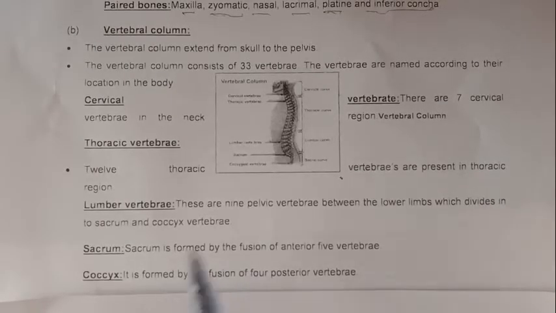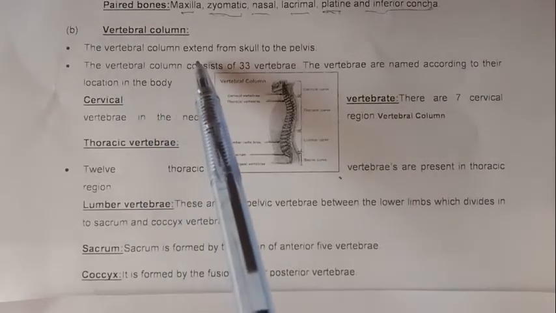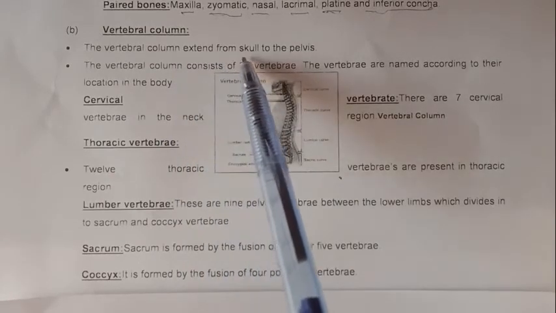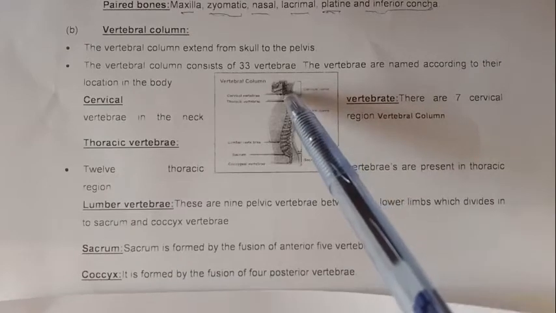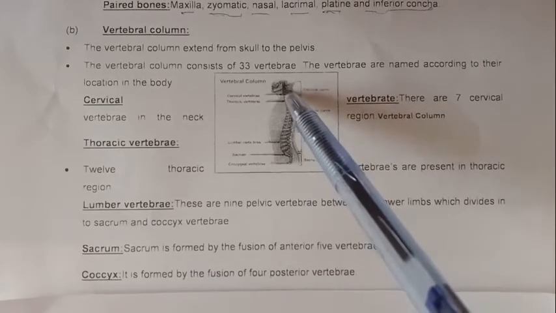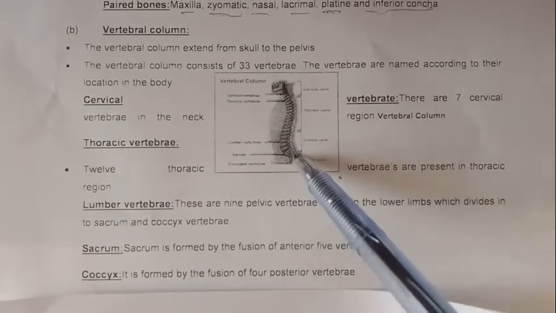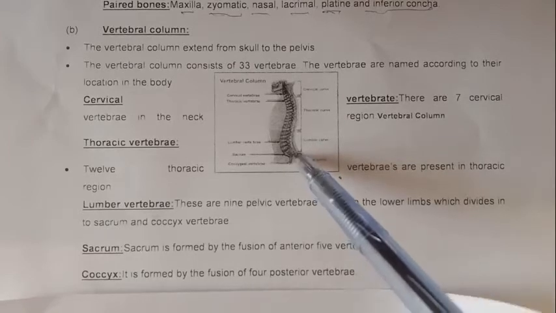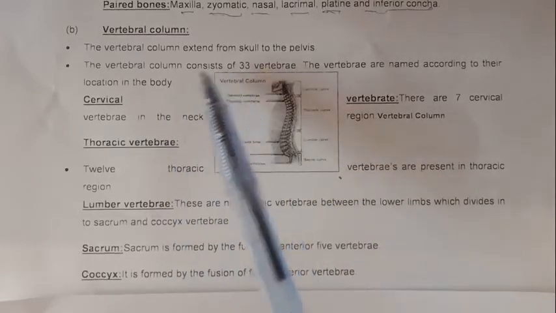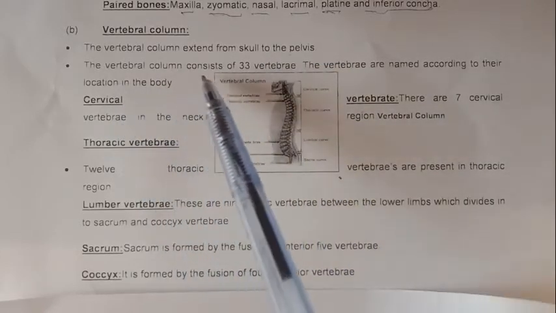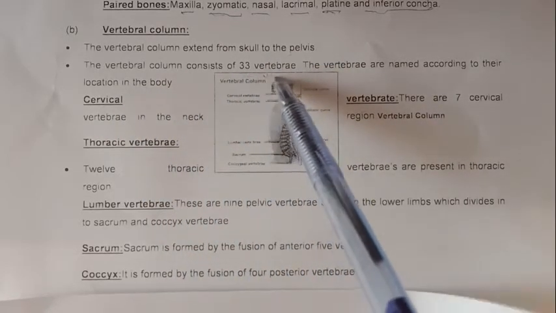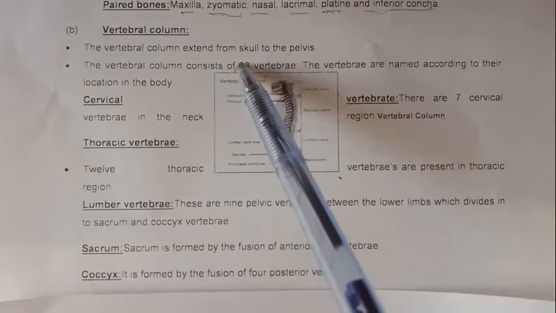Now, vertebral column. The vertebral column extends from the skull to the pelvis. This is the pelvis region.